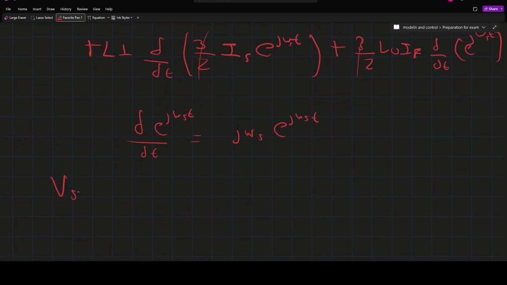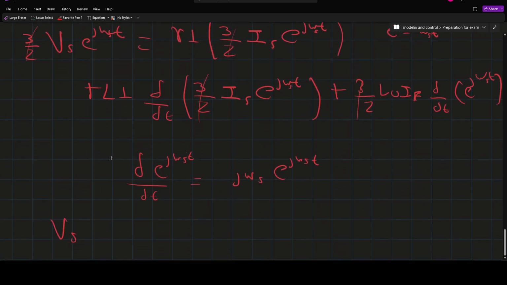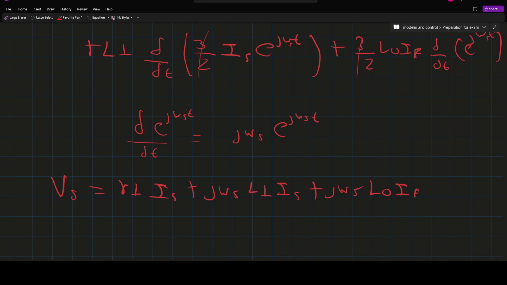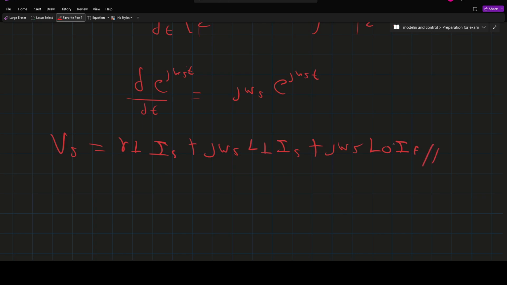So our function is gonna be in steady state, and we can get rid of this. So Vs equals R1 Is plus, now the derivative gives us, j omega s L1 Is plus j omega s L0 If. Okay, so this is our voltage equation.